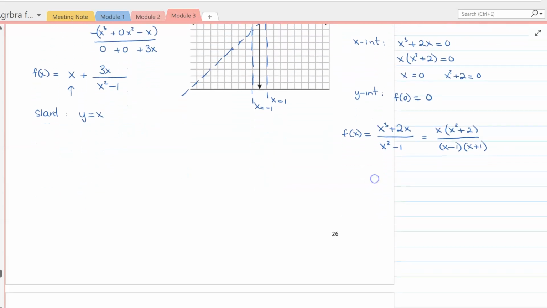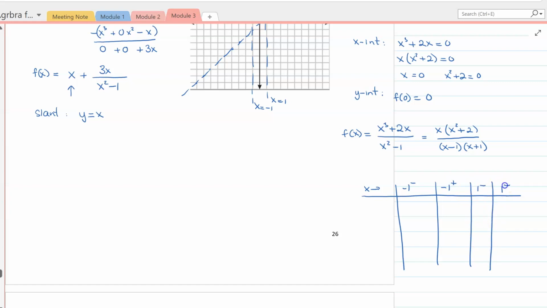I will make a table. So here, as x approaches negative 1 from the left, negative 1 from the right, 1 from the left, 1 from the right, and we have the factors x, x squared plus 2, x minus 1, x plus 1.